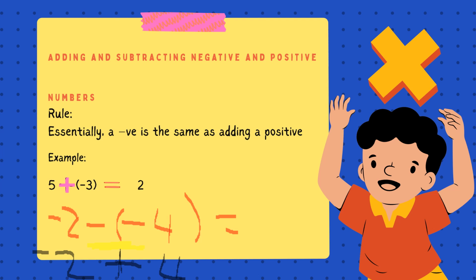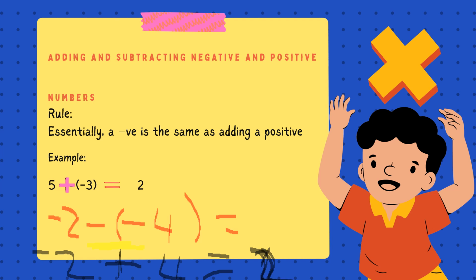So you have a negative 2 plus 4. You're going to subtract, and then it takes the sign of the larger number, which is a positive. So this is going to be positive 2.